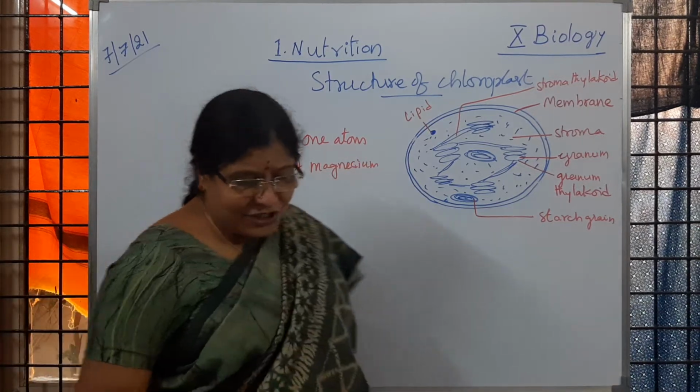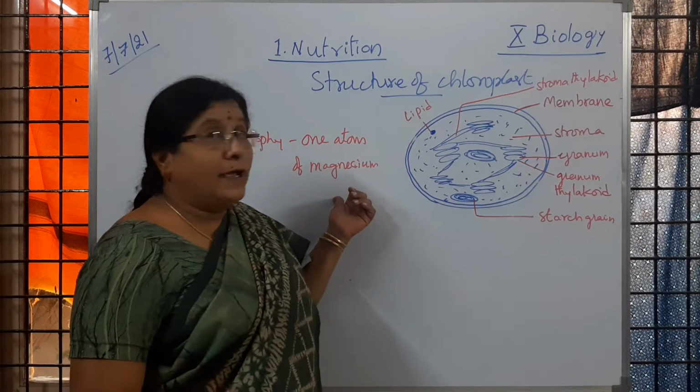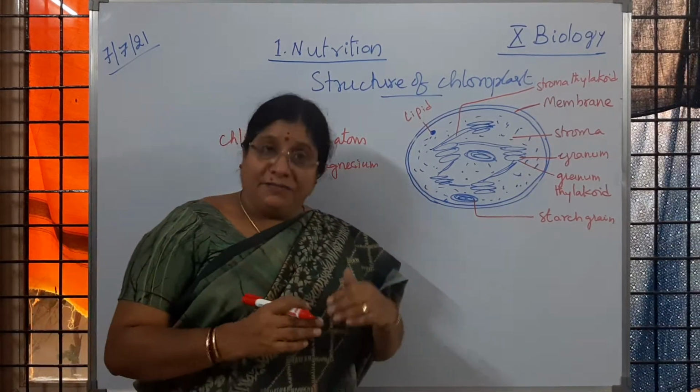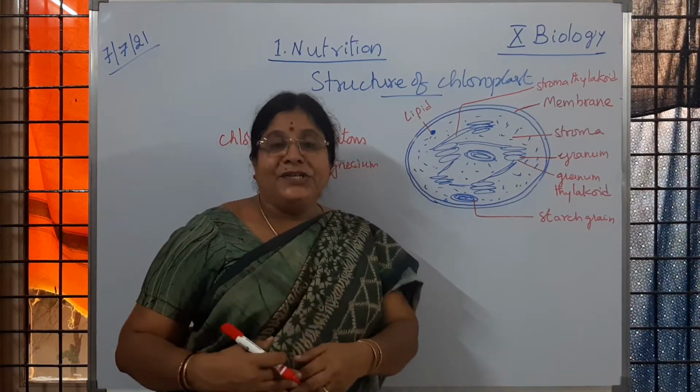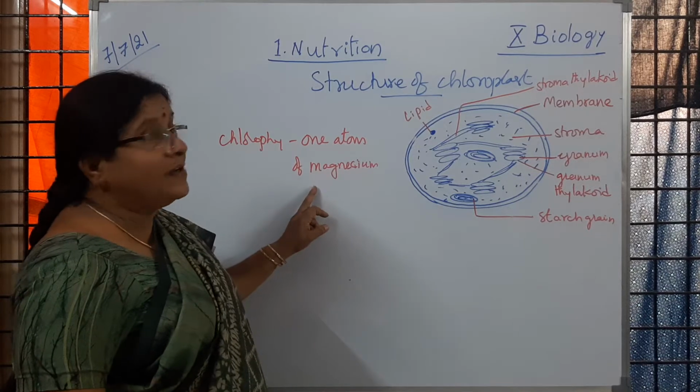One atom of magnesium is present in chlorophyll. If we compare chlorophyll with the other pigments which are present in the human body, we'll learn that later. So now, how many types of chlorophyll pigments are there?